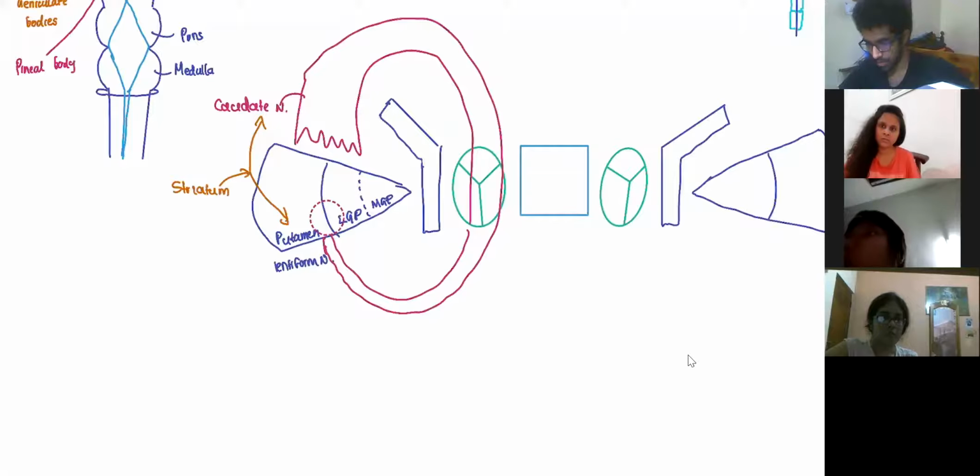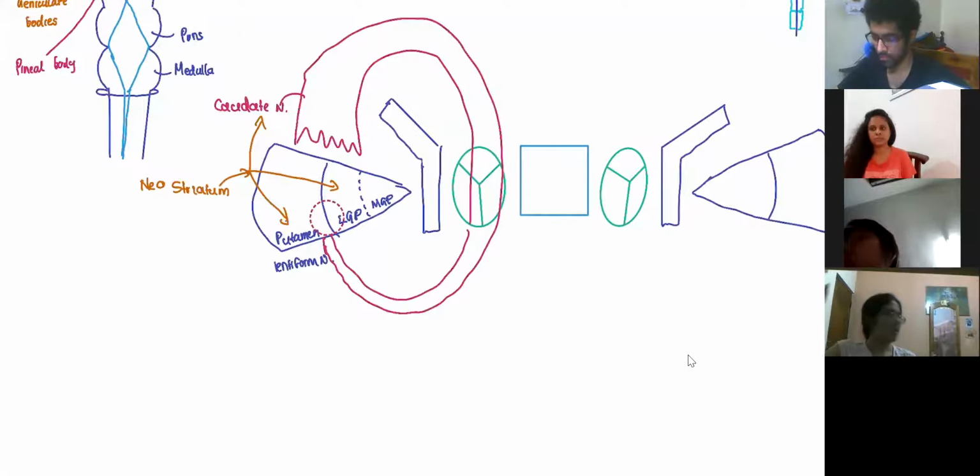This is just the striatum, or you can call it the neostriatum, because the corpus striatum is a combination of both globus pallidi, the caudate nucleus and the putamen. Okay, corpus striatum is a combination of all three. Just striatum is the putamen and the caudate nucleus. Remember that.